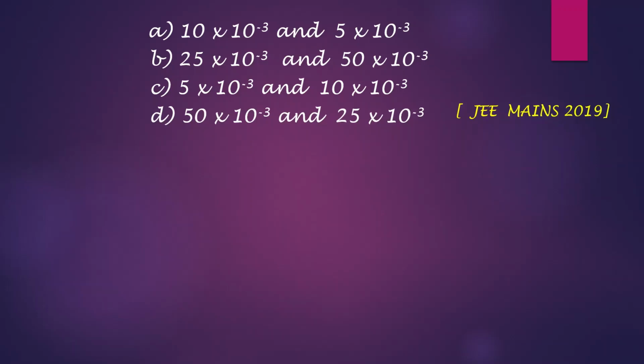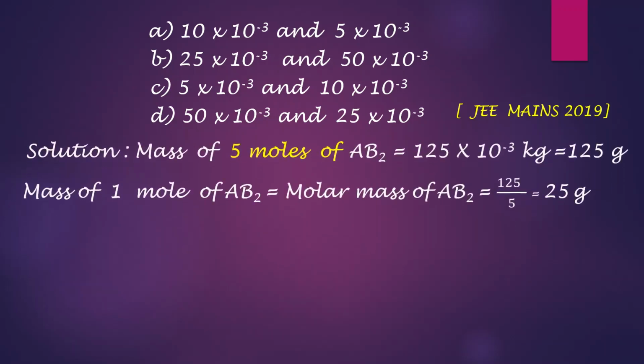Dear friends, this question was asked in JEE Mains 2019. Now in this, first we have to find the molar mass of each of AB2 and A2B2. First we shall see the molar mass of AB2. The mass of 5 moles of AB2 is given as 125 × 10^-3 kg.